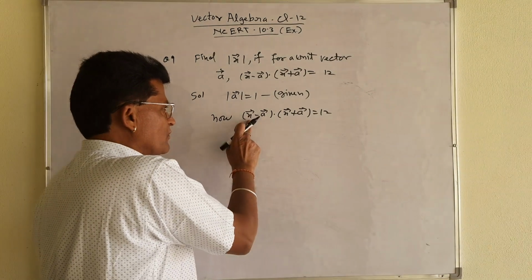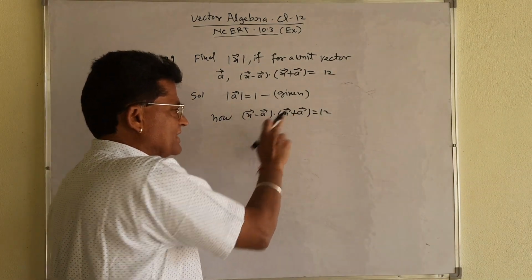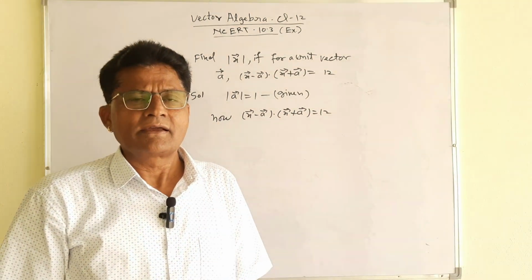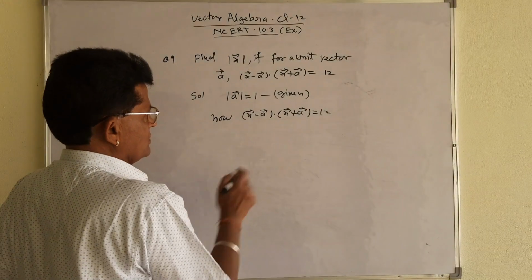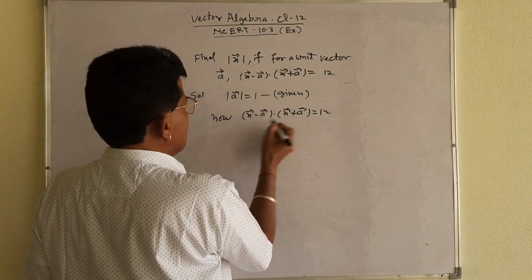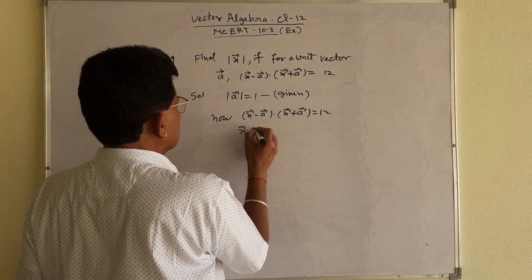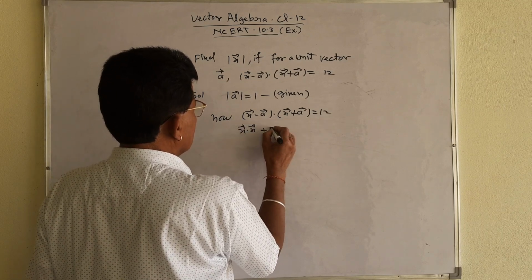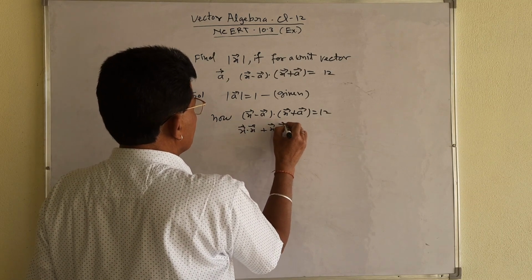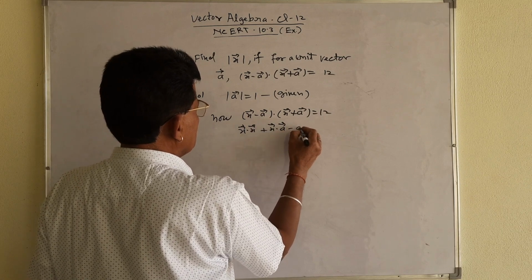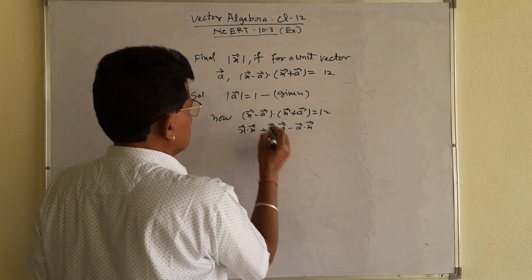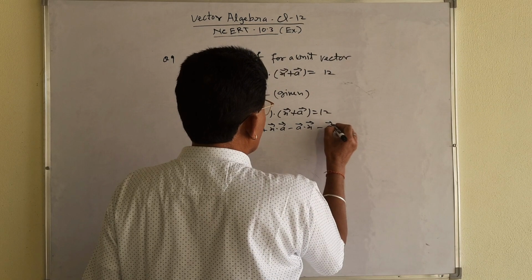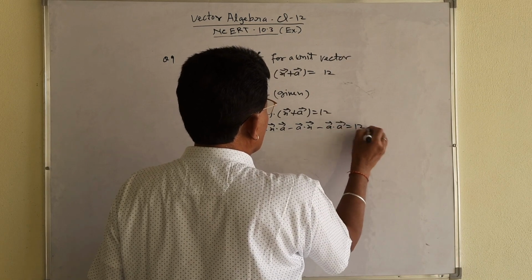First, multiply the first vector with each and every component in the second bracket. X dot X, plus X dot A, minus A dot X, and minus A dot A will be equal to 12.